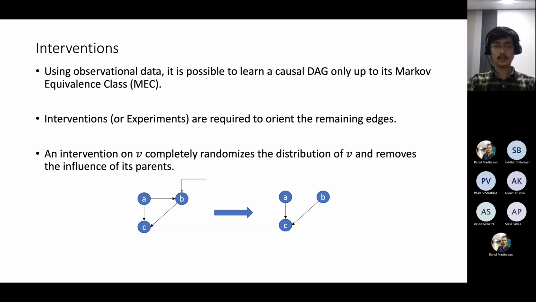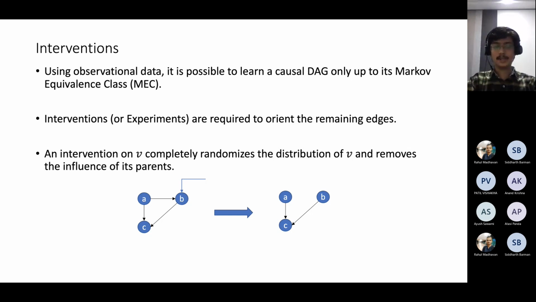Okay. So if you think of this do operator, you can actually fix the value of a variable, but in our setting we can just think of setting it to a uniform distribution.